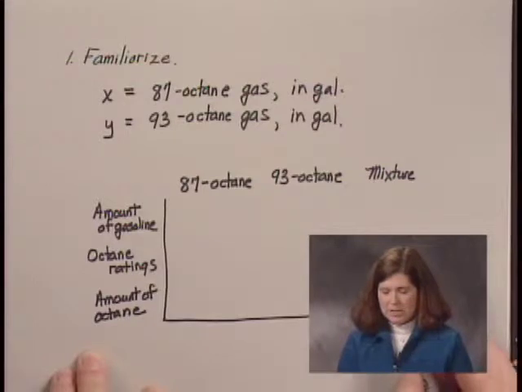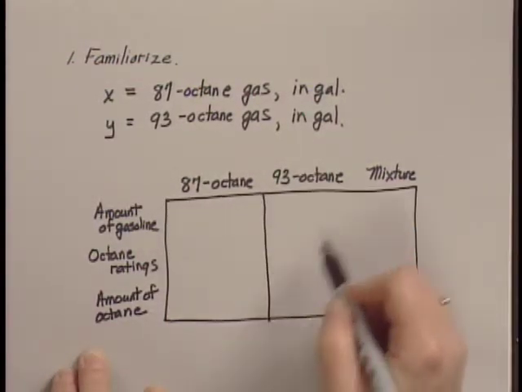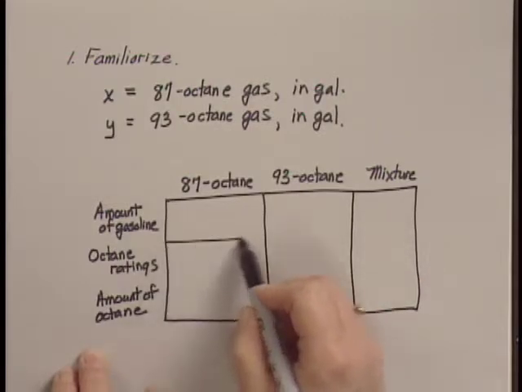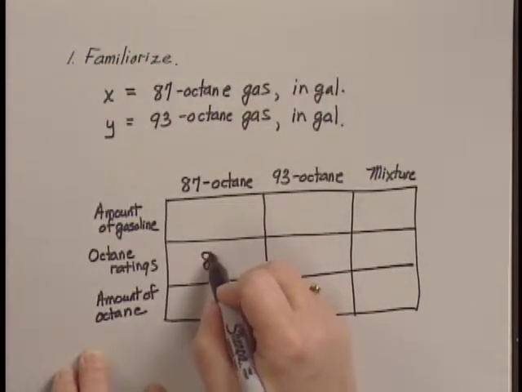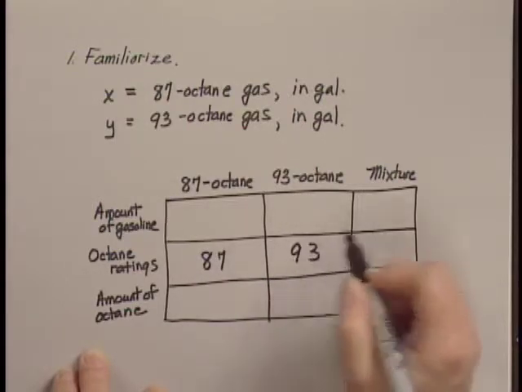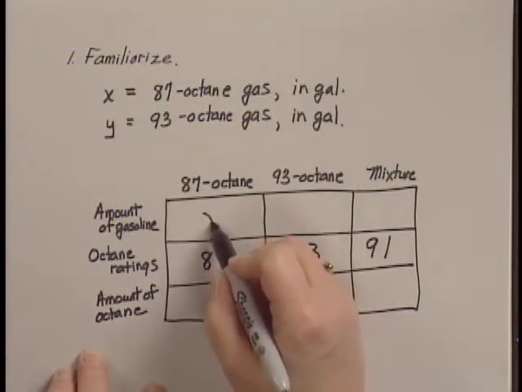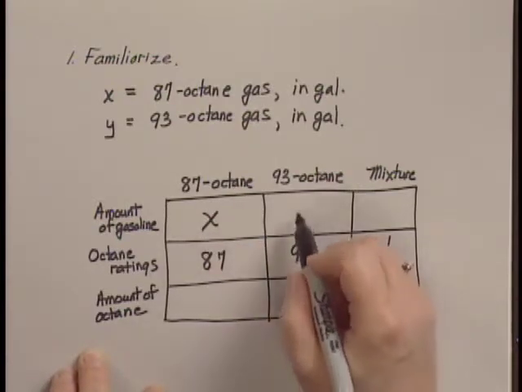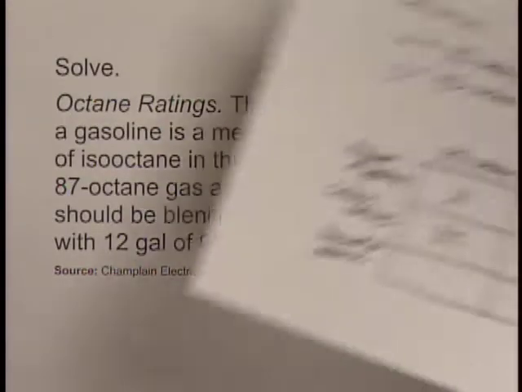So if I make a table here, I can fill in what I know. I know the octane ratings. I'm going to write those in. The amount of gasoline, I have X gallons of 87 octane, Y gallons of 93 octane, and I'm told I need 12 gallons of 91 octane.